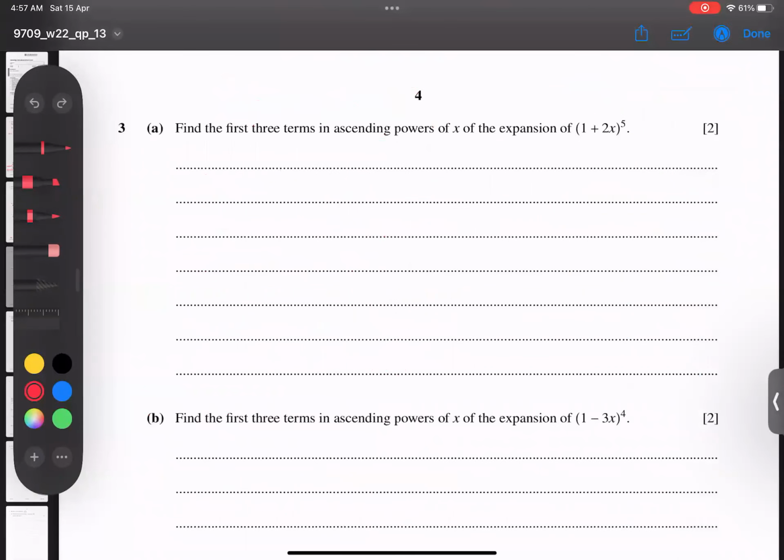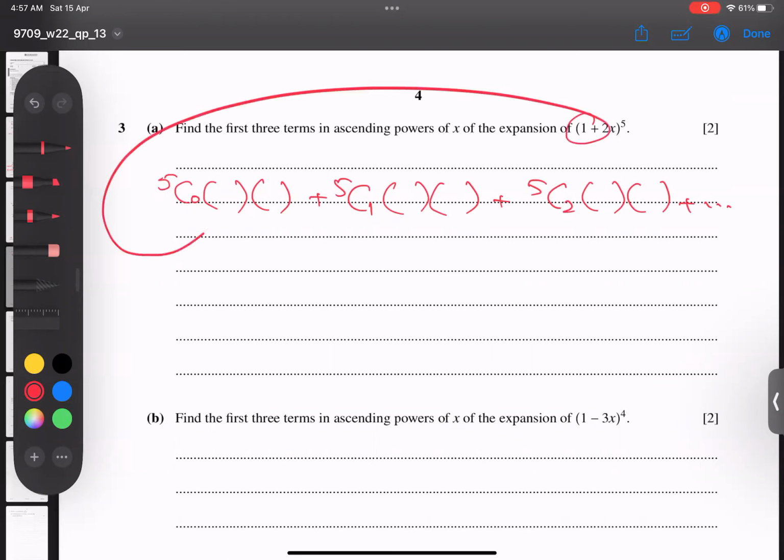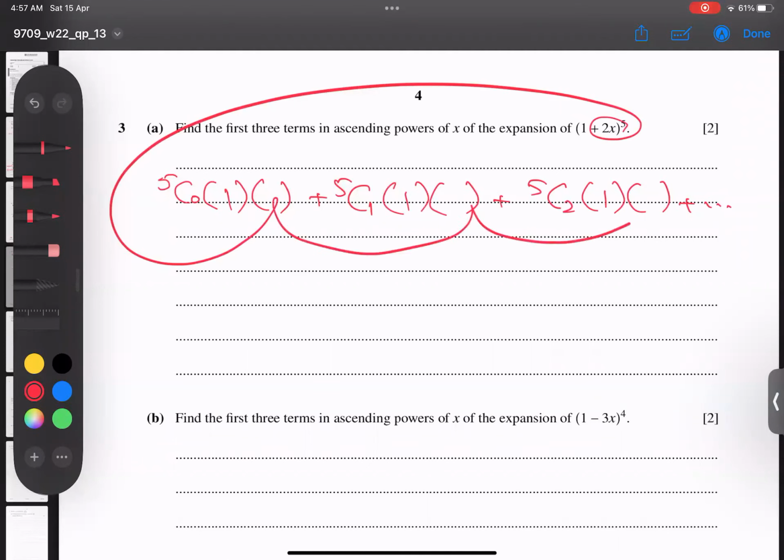The first three terms in ascending order of this expression we need to find. So what is the formula? The formula is 5C0, 2 brackets, then 5C1, 2 brackets, then 5C2, 2 brackets, and continue so on. Here this 1 will come in the first bracket each time, and this 2x will come in the second bracket each time.